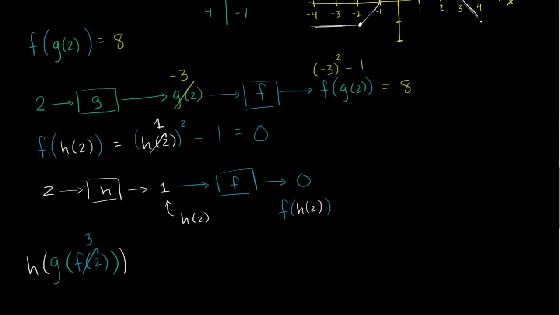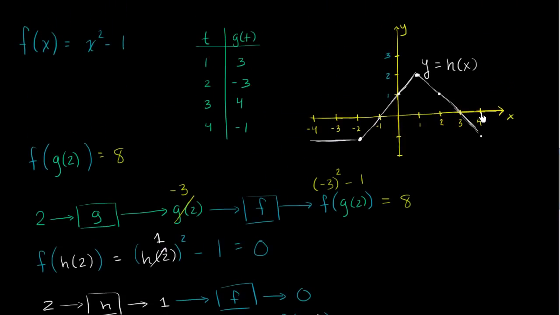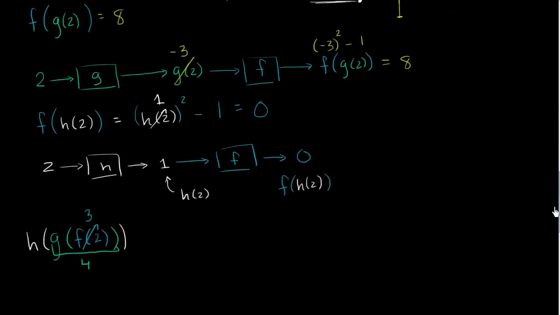So f of 2 is 3, g of 3 is 4. What is h of 4? Well, we can just look back to our original graph here. When x is 4, h of 4 is negative 1. So h of g of f of 2 is just equal to negative 1. So hopefully this makes you somewhat familiar with how to evaluate the composition of functions.